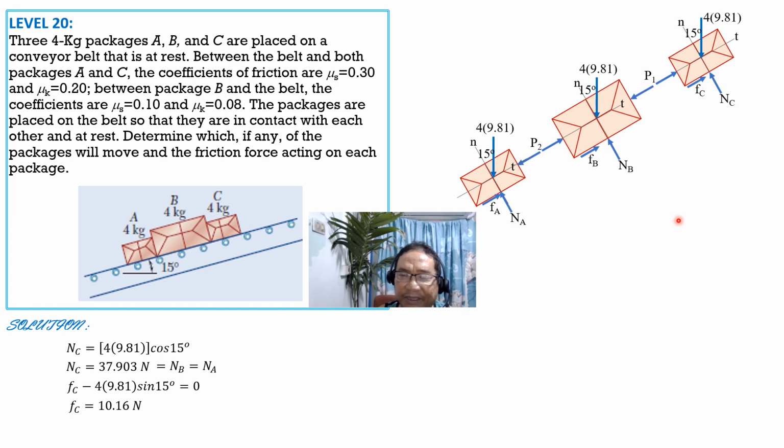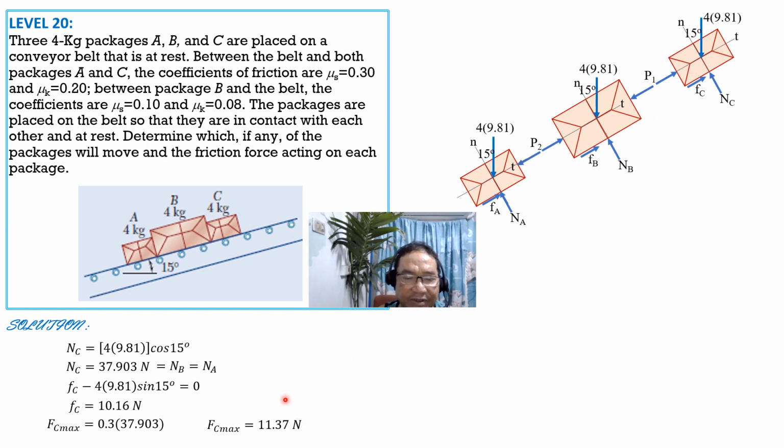Then let's evaluate the maximum frictional resistance under package C, which is coefficient of static friction 0.3 times normal at C. So FC max is 0.3 times 37.903 newtons, and that is equal to 11.37 newtons.